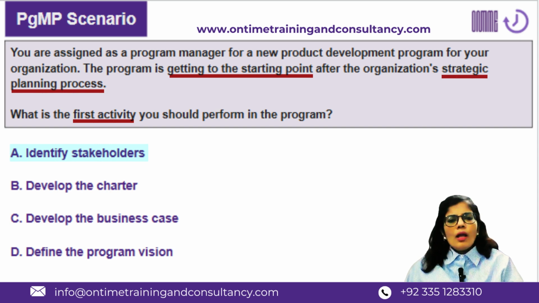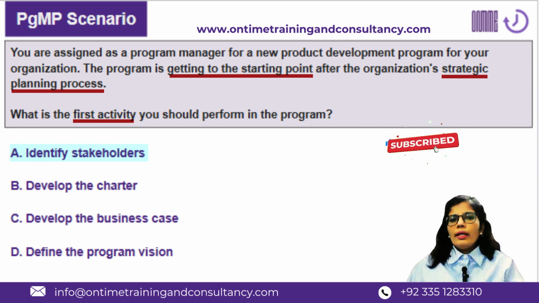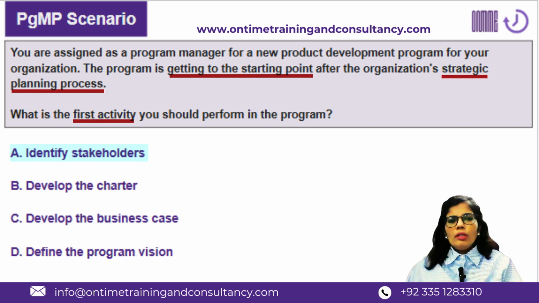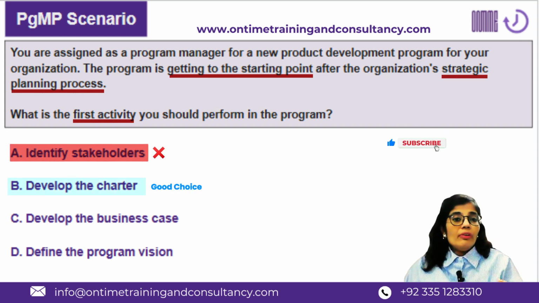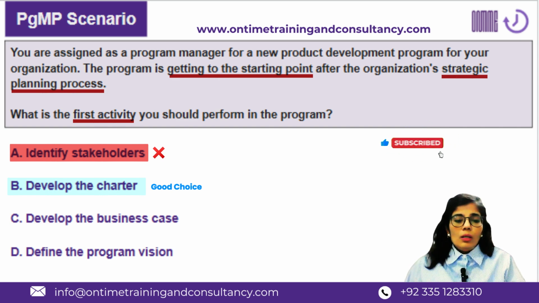And after the charter or during the charter, identifying the stakeholders, high level scope, high level budget, and high level understanding of financials and resources and stakeholders, everything can be done. So identifying stakeholder is not the first activity you would do in this situation. So A is out. Yes, B, developing the charter is a good choice, but maybe we have a better option than B.